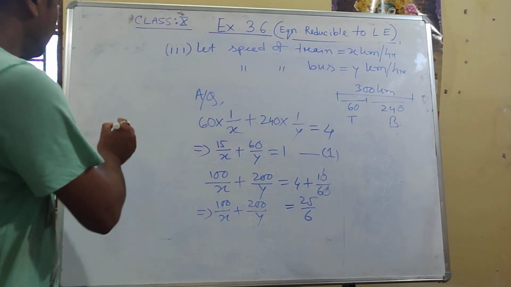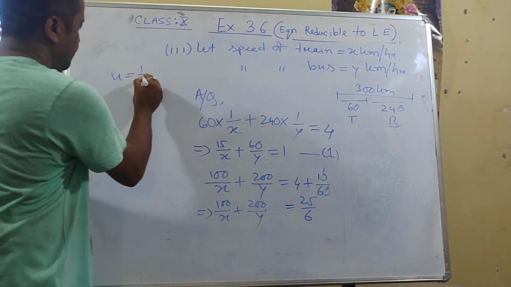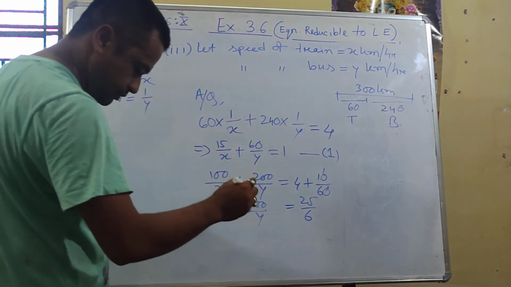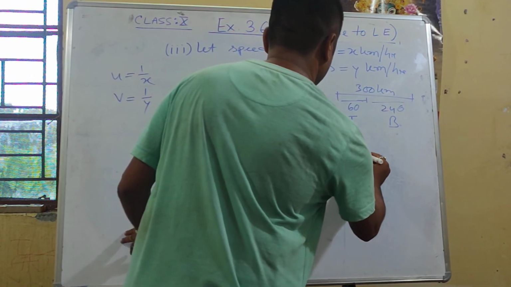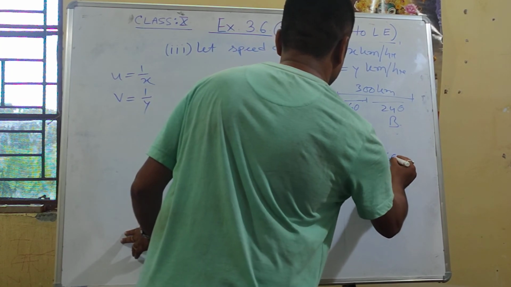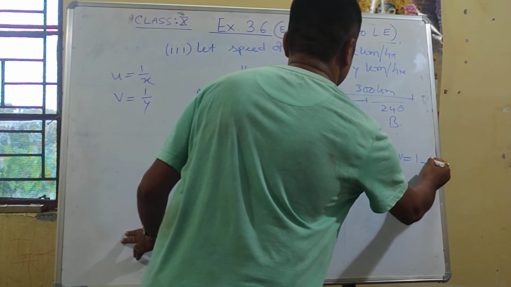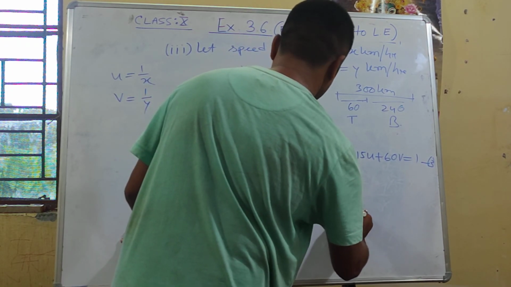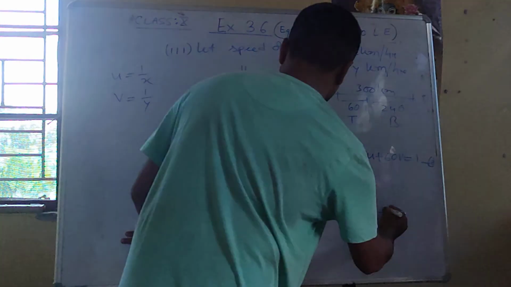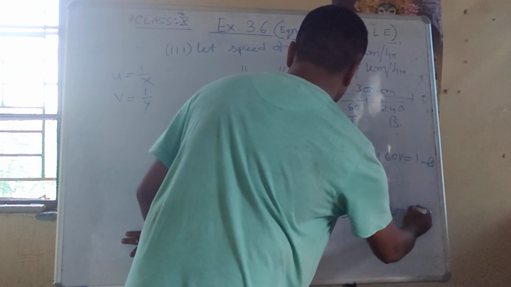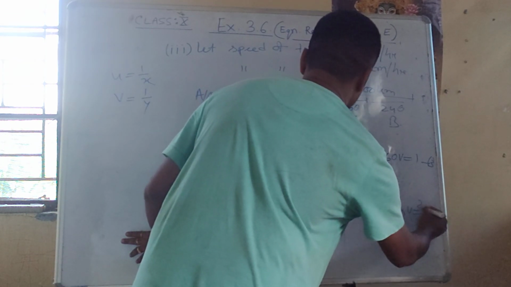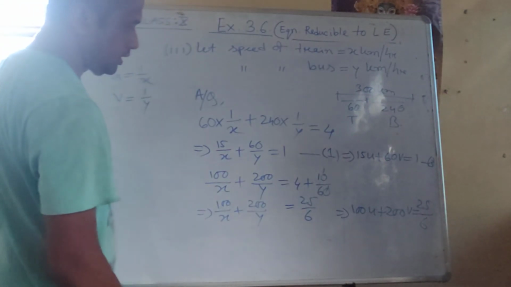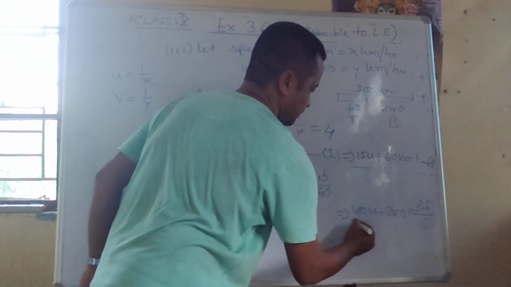So take u is equal to 1 by x and v is equal to 1 by y. This becomes 15u plus 60v is equal to 1, it is number 3, and this becomes 100u plus 200v is equal to 25 by 6. Now solve these two equations.